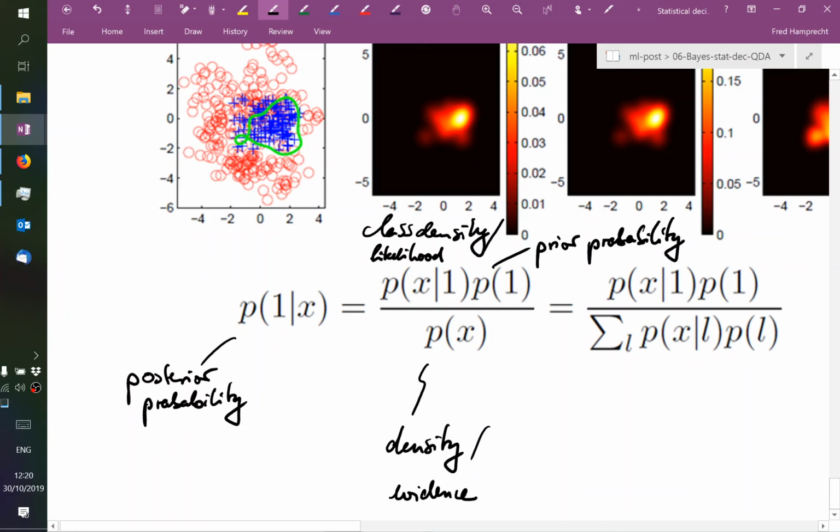So in our case here, we have some observation X, and we're now asking, given this observation, and given our prior estimate. So if I'm not looking at the observation, you just tell me, I have an observation, tell me what class it's likely from. Well, if you don't tell me what the observation is, all that I have is the prior probability.